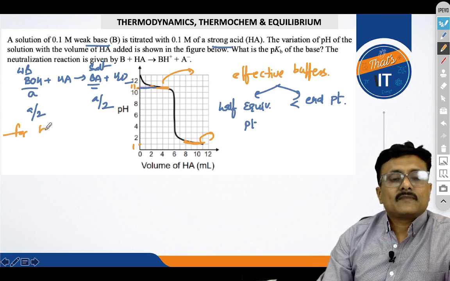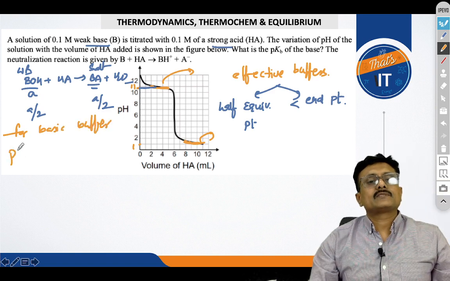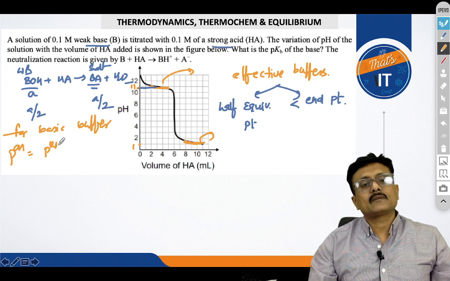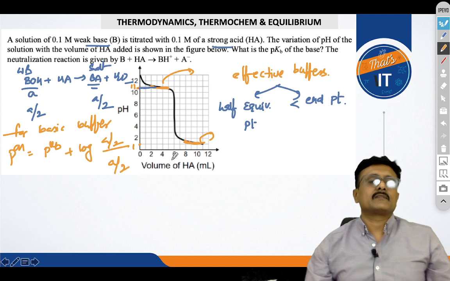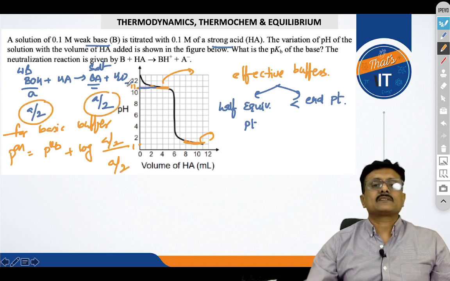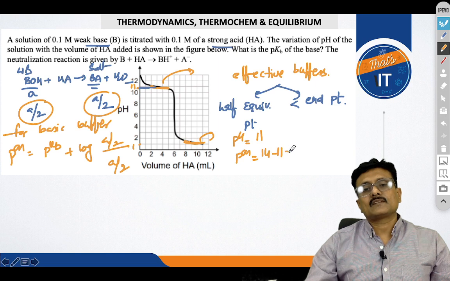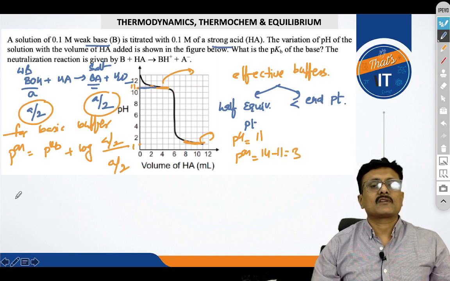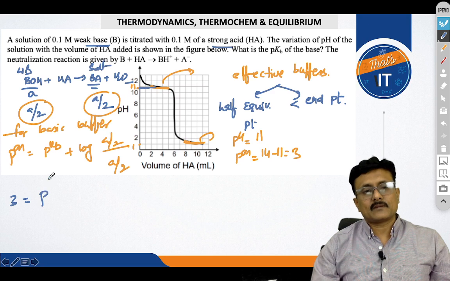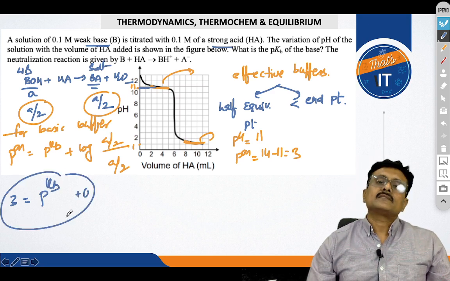For a basic buffer, what do you write? pOH equal to pKb plus log of concentration of salt by concentration of weak base, whose values at the half equivalence point are equal. Now pH at this point is given as 11. So pOH will be 14 minus 11, that is equal to 3. Therefore, pOH equal to pKb. So the right answer for this question, because log 1 is 0, is 3.